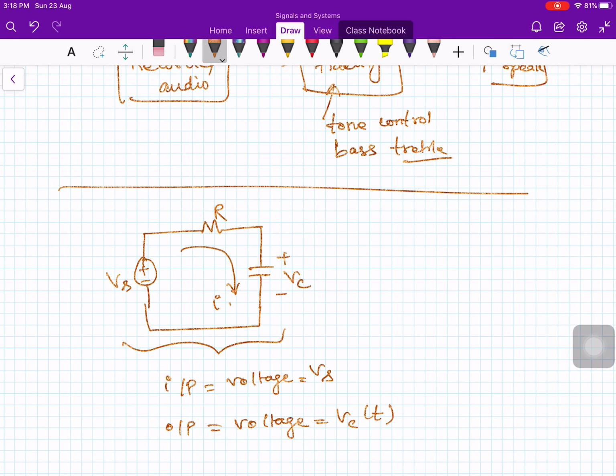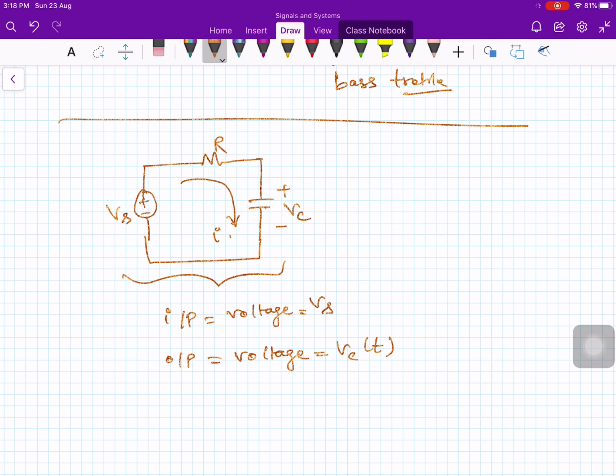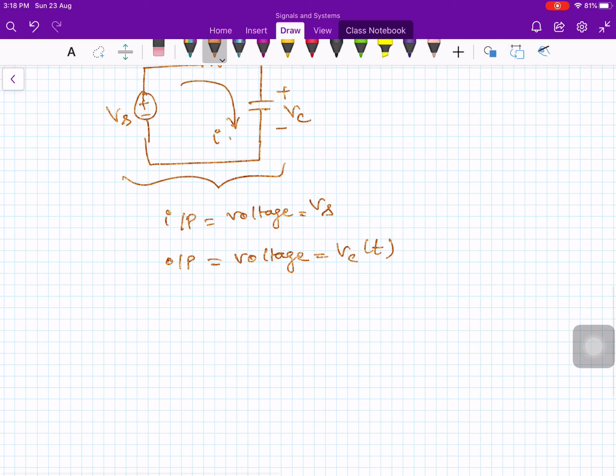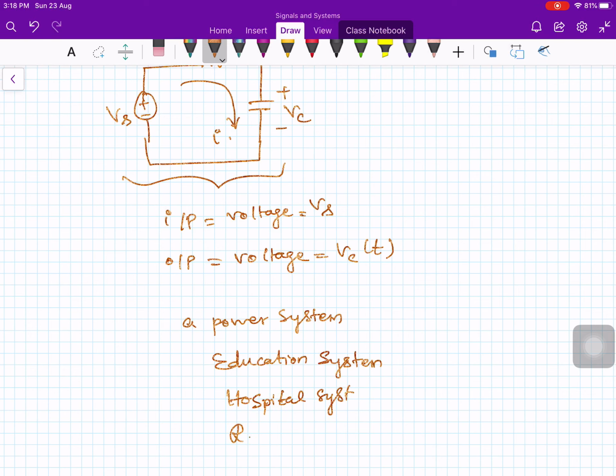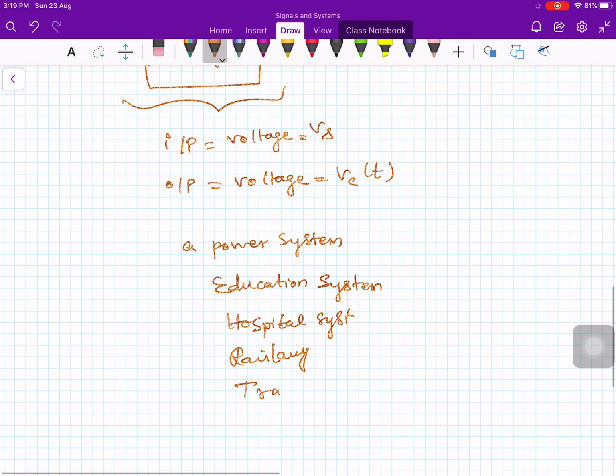Like that we can now give a number of examples. You can give some more examples also, like a power system, the national educational system, hospital systems, railway systems, transportation system, and so on.